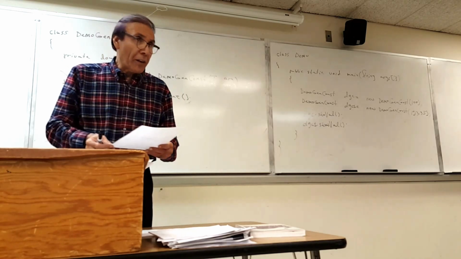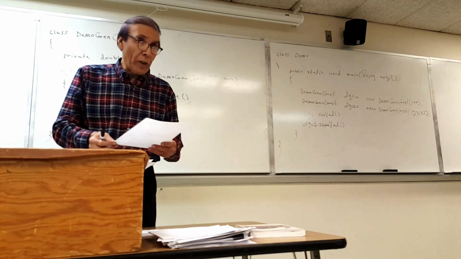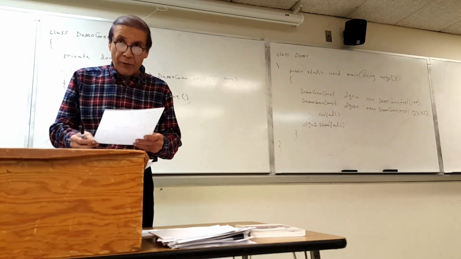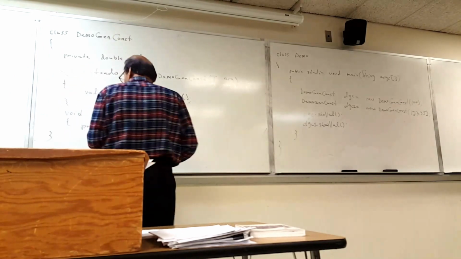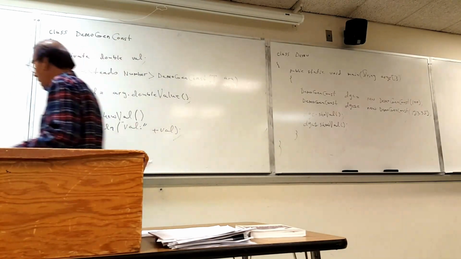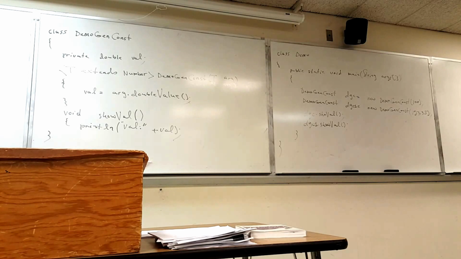I'm going to make one generic interface for you, just to remind you how to make a generic interface. Okay, I gave you a very little example about it last week. Now let's do this. Okay. Generic interface.